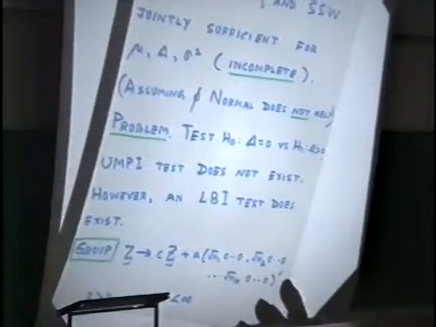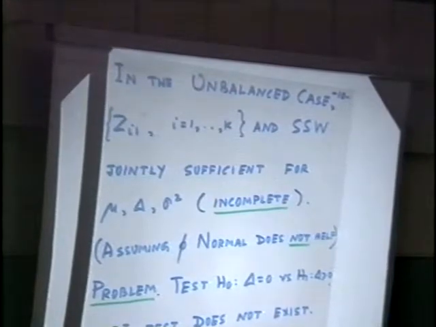So in the unbalanced case you have incomplete sufficient statistics. Even if I assume that phi is normal, it doesn't help. You still have too many sufficient statistics for the three parameters, so the incompleteness is still there, even with the assumption of normality.